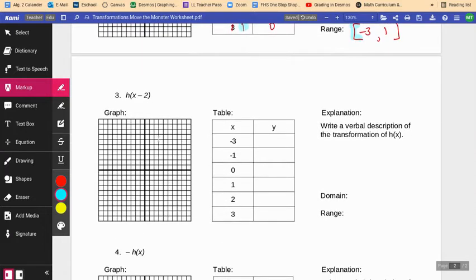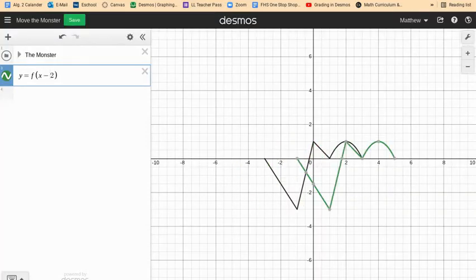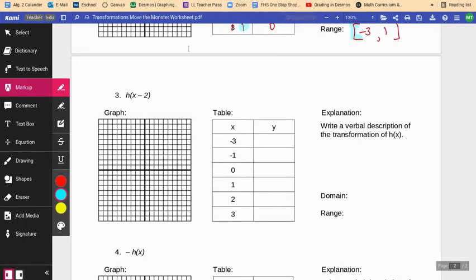Then this time it wants us to change this positive to a minus. So let's go and see what happens when I do that. So I go minus 2, and now it's shifted to the right. And so again, I need these points right here. And so I have negative 1, 0.